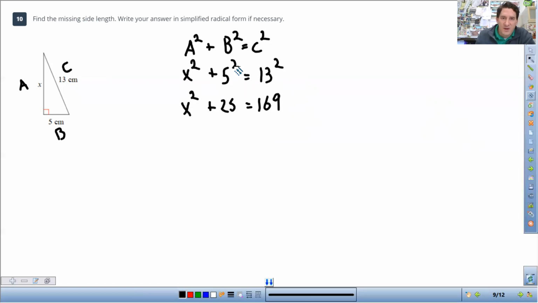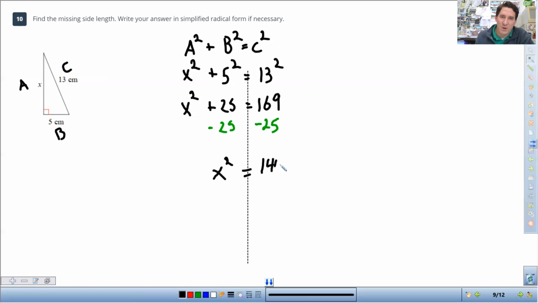I'm going to put in a line of separation because there's a little bit more to solving this one. So I want to get X by itself, so I need to eliminate the 25 from that side. So I have to subtract 25 from both sides here. So I get X squared is equal to 169 minus 25 is 144.